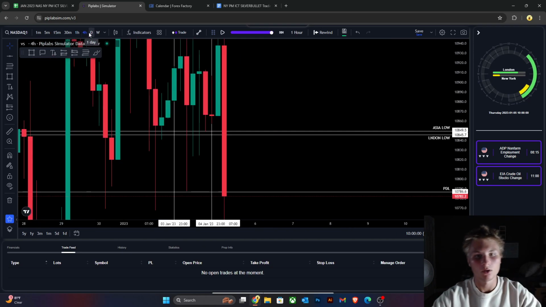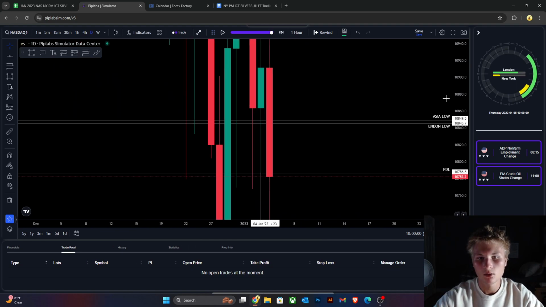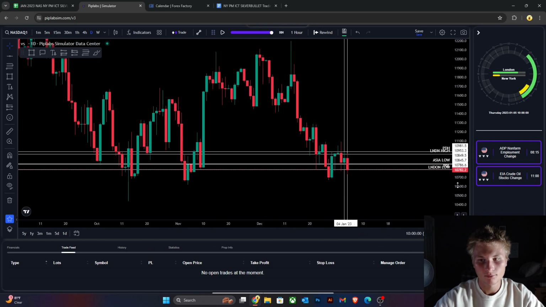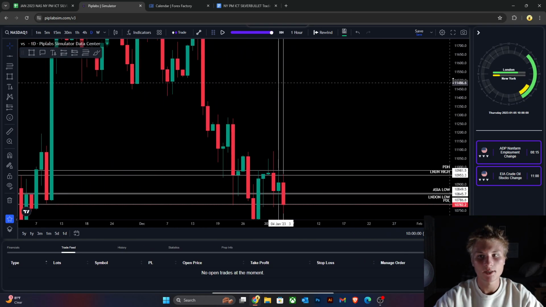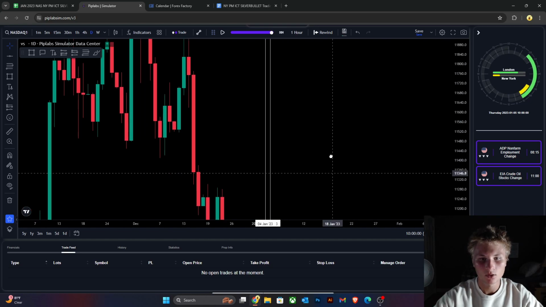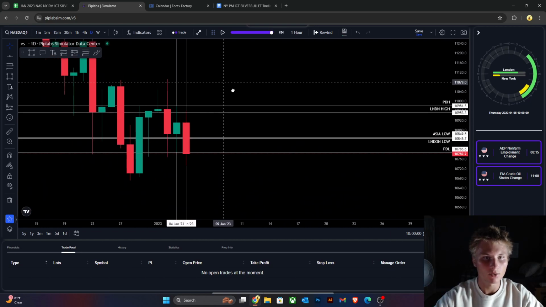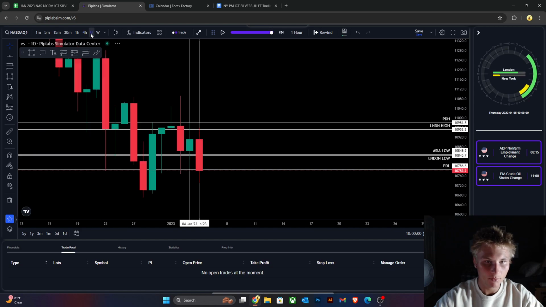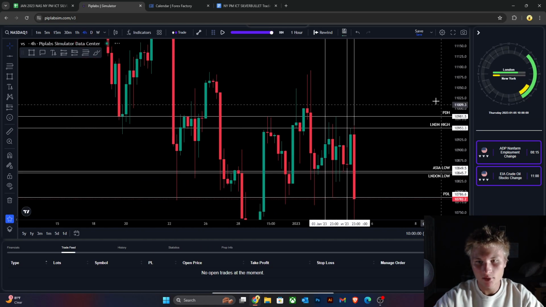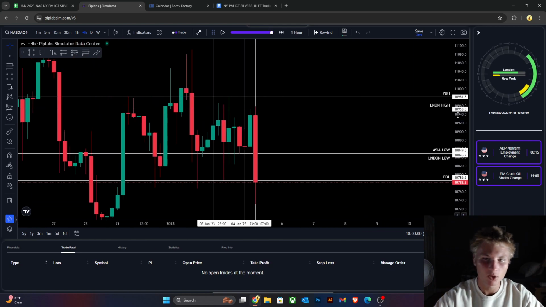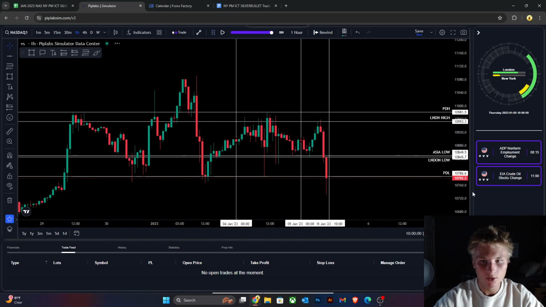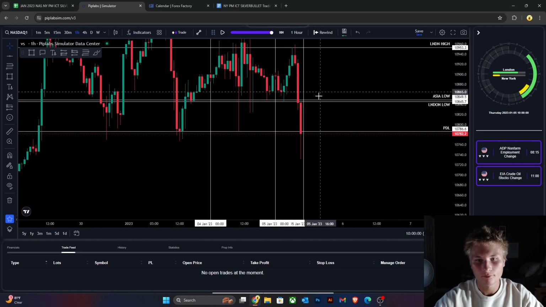Alright, so now I'm going to determine my bias. Previous daily candle closing bullish, but bias recently hasn't been the best due to daily and 4-hour candles being different. But here we have both daily and 4-hour previous candles closing bullish, meaning it's pretty much easier to determine my bias from that.